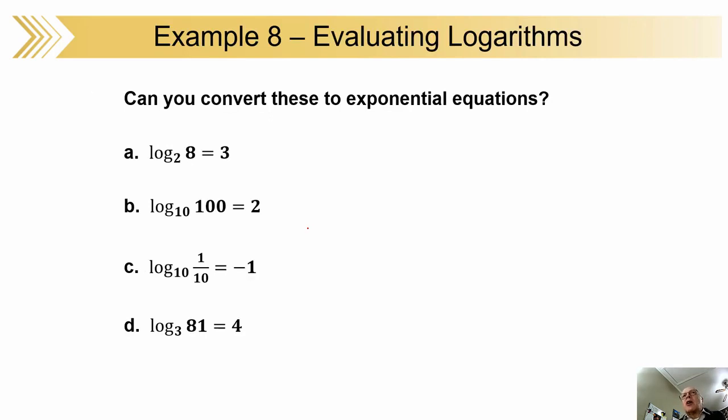So can you convert those to exponential equations? I'll challenge you. Just take a couple minutes, switch each of those to exponential equations. The practice is, if there are x's in there somewhere, switching it to an exponential equation might make it very easy, and you'll see some of those.